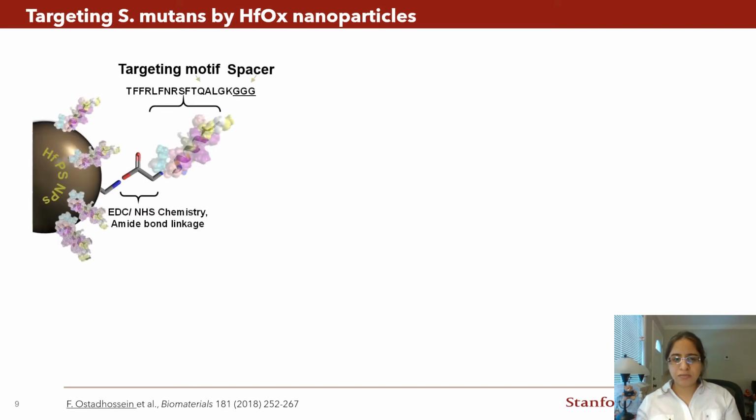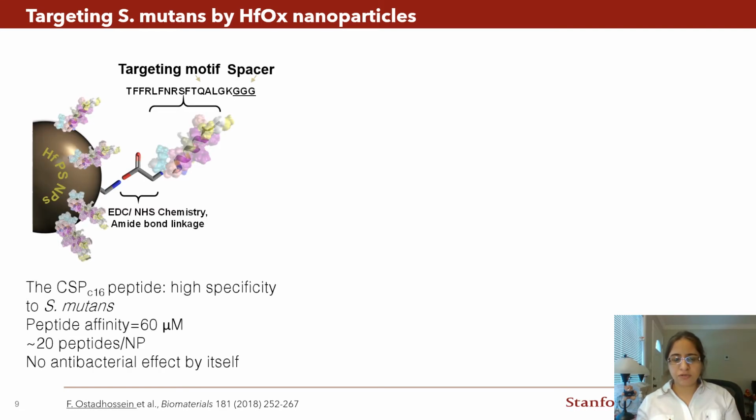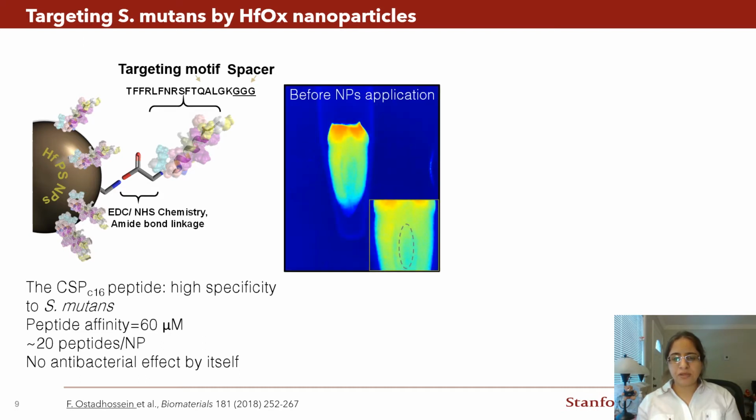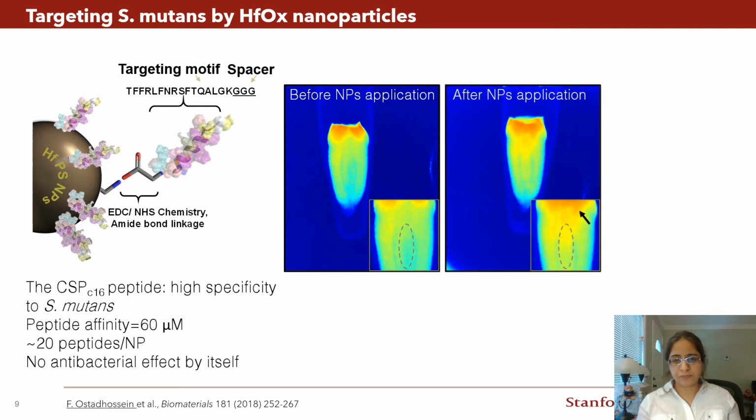The targeting motif is shown here, which has already been demonstrated to have a high affinity with Streptococcus mutans, the caries-inducing bacteria. Then, through this example, you can see that first we grew the bacterial biofilm on the surface of the human tooth and did the typical X-ray radiographic imaging that is used in the clinic.